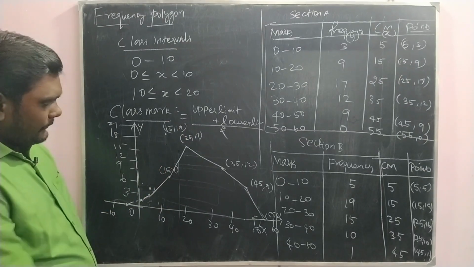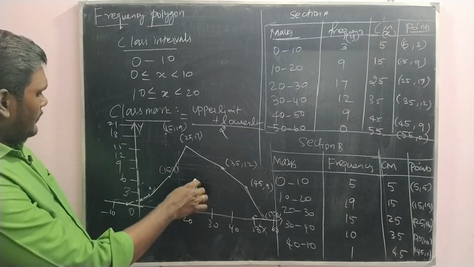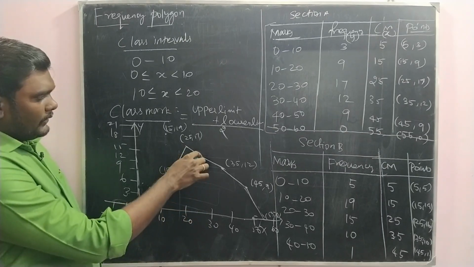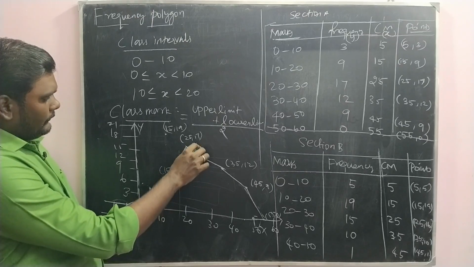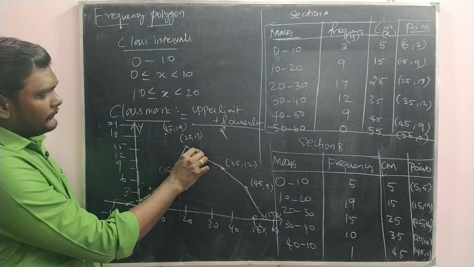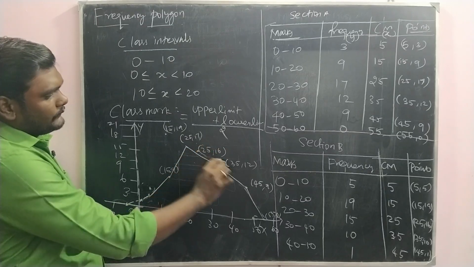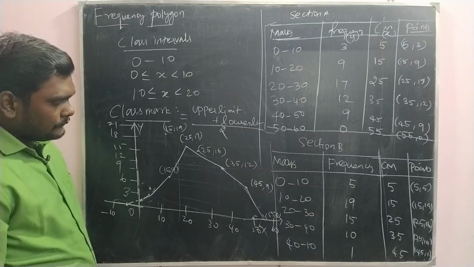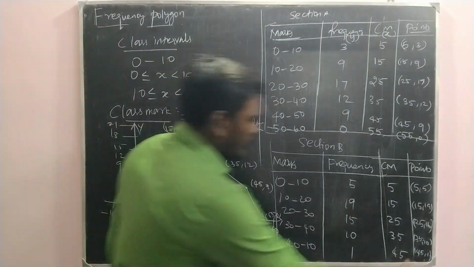25 comma 16. 17 here. 16 let me mark here. Above this. Here. This is 25 comma 16. 25 comma 15. Oh sorry, my bad.